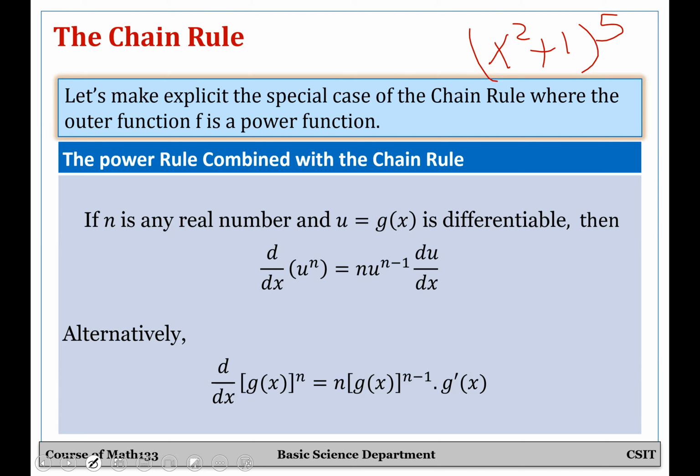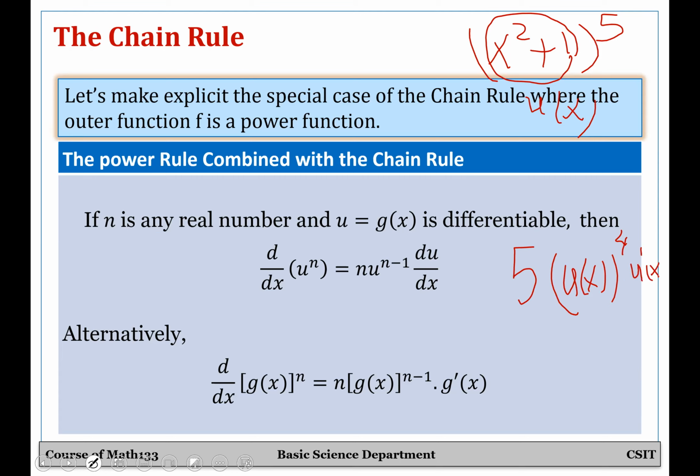So here it's like u of x powered by 5. What is the derivative in this case? It's like the power in general. So you put 5 u of x, 5 minus 1, which is 4. But here the chain rule is there is a multiplication by u prime.